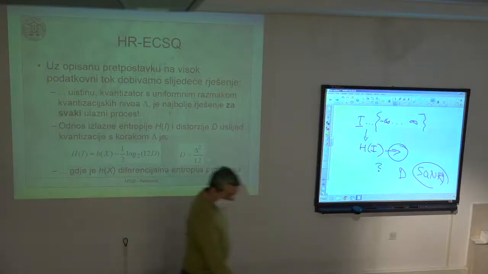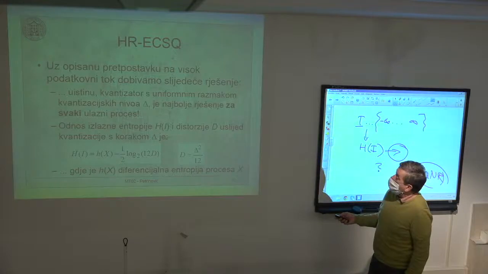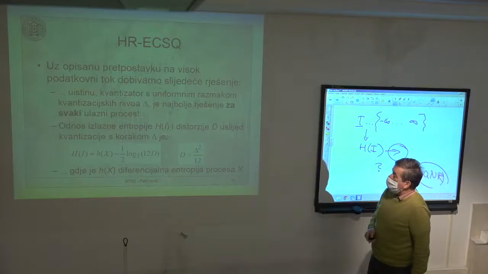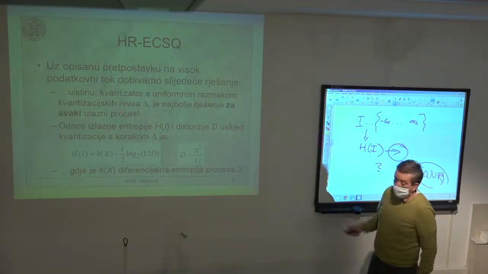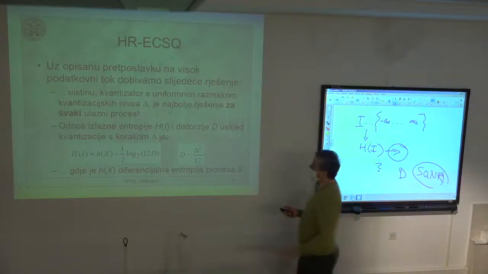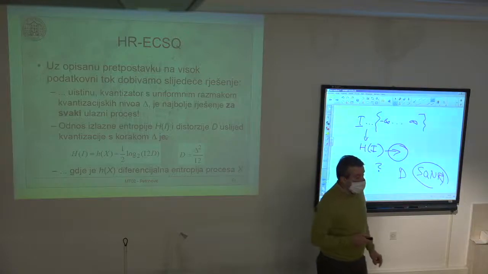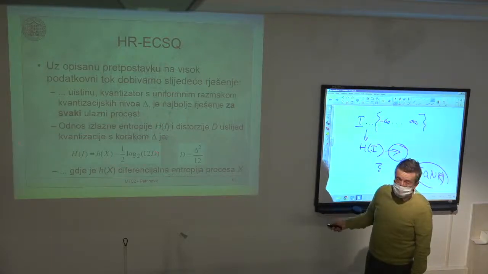And the answer is, as we said here, and this answer can be proved to be valid under this high rate assumption. And it is true for all processes. So not for some, but for all input processes, irrespectively of the density fx of x. And the final relationship between the entropy and the distortion is this expression here.